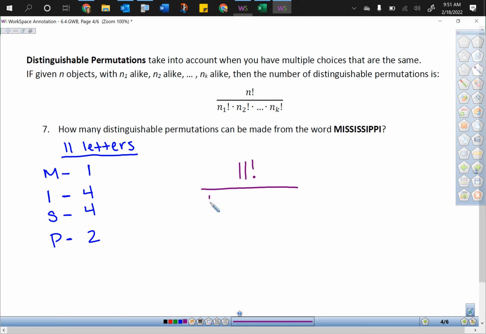So my first choice is 1 factorial times my second choice, which is 4 factorial, times my third choice, which is 4 factorial, times my fourth choice, which is 2 factorial. Then we just put that either into Excel or our calculator. It's completely up to you to figure out how many distinguishable permutations can be made from the word Mississippi.